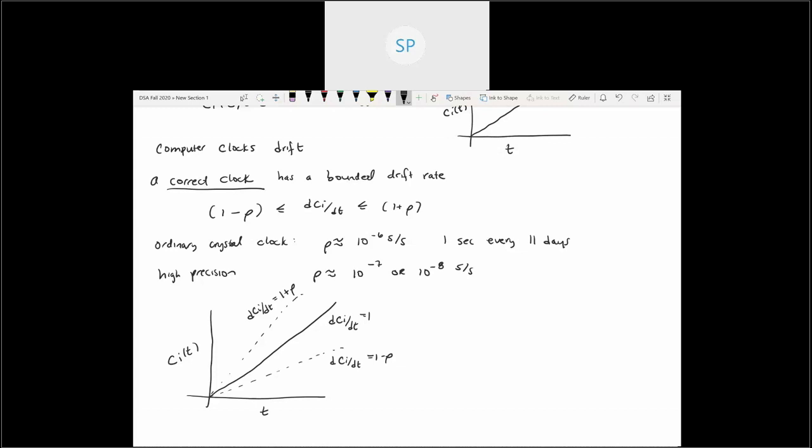Now we want to figure out, given this physical reality that we have to deal with, how often should we resynchronize these clocks, right? We have to figure out that after some amount of time, how far apart can any clock get? So let's say after time D, how far apart can 2 clocks be?